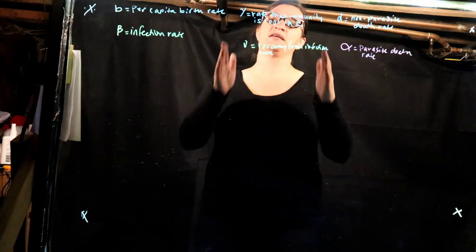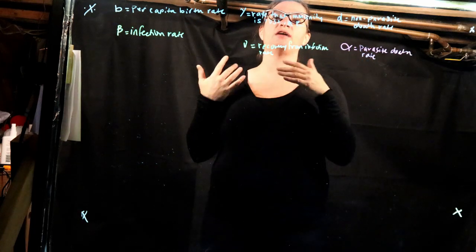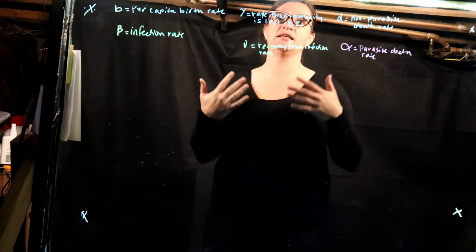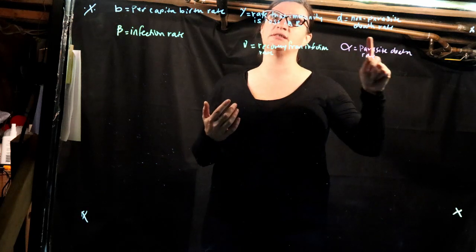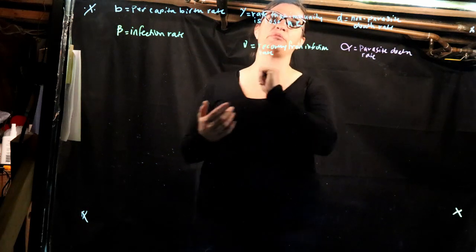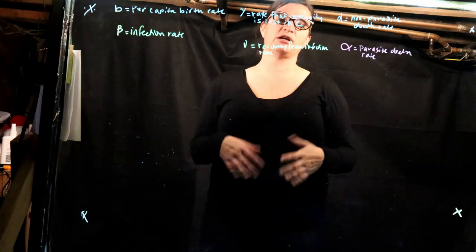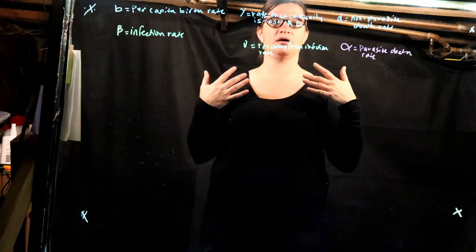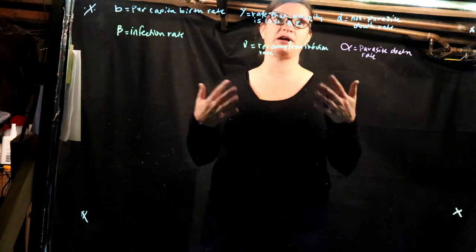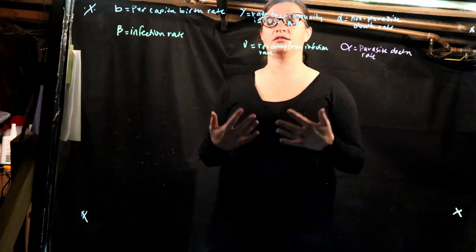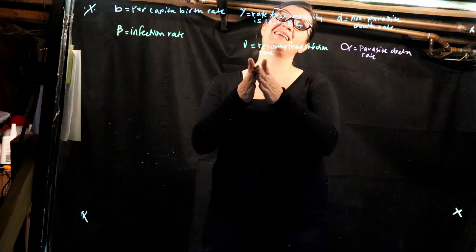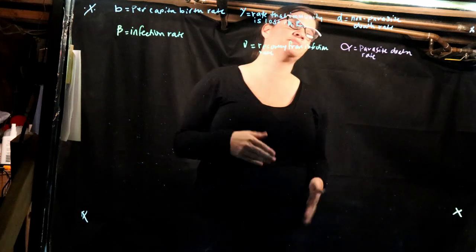Next we have the gamma, the rate at which immunity is lost in recovered individuals, so they're moving back into the susceptible population. And then this V, which is the recovery from infection or a parasite attack, the rate at which they move from the infected into the recovered bin.